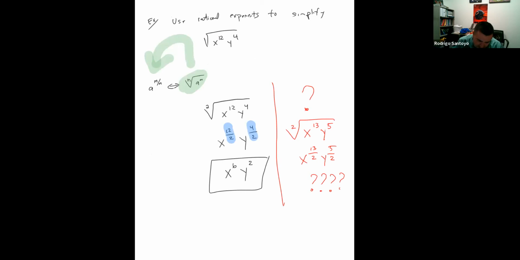We are going to take a look at this problem that we just did. We already know the answer, but we did it by writing it in exponential form. I'm not going to do it that way. I'm going to do it by factoring instead. So, square root of x to the power of 12, y to the power of 4.